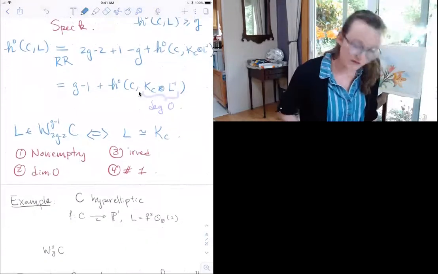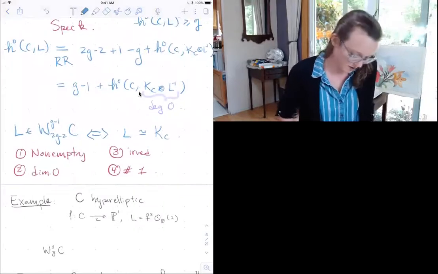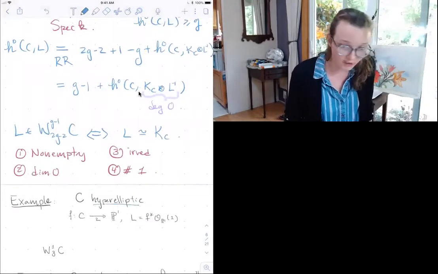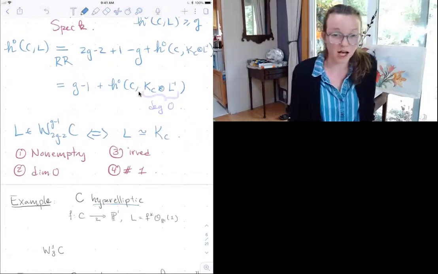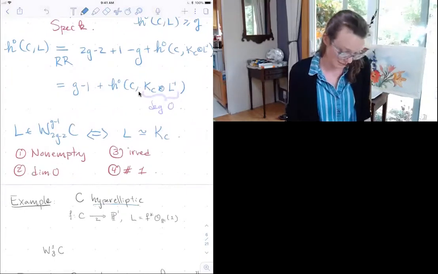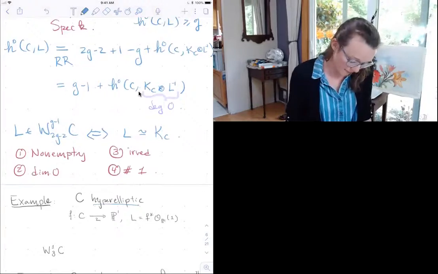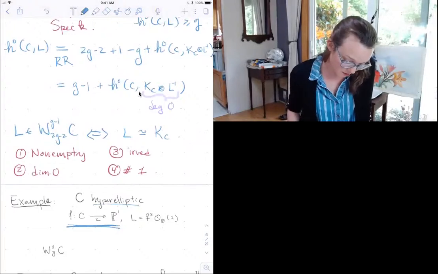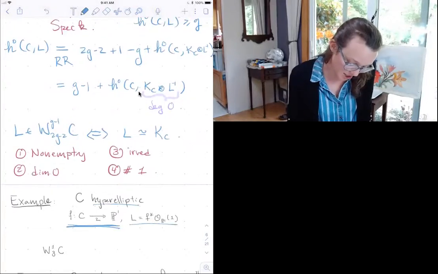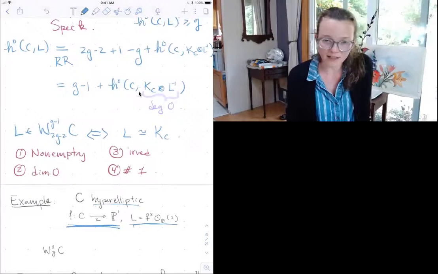So let's look at curves that are hyperelliptic first. If the curve is hyperelliptic, remember this is already a statement about the Brill-Noether locus of the curve. It's a statement about W^1_2 of the curve. So I'm going to use f to denote the hyperelliptic map, a degree 2 map to P1, and I'm going to use L to denote the pullback of O(1), as I did before.